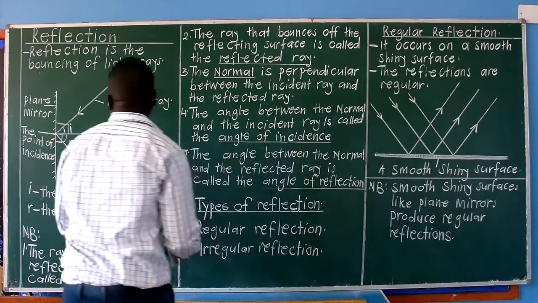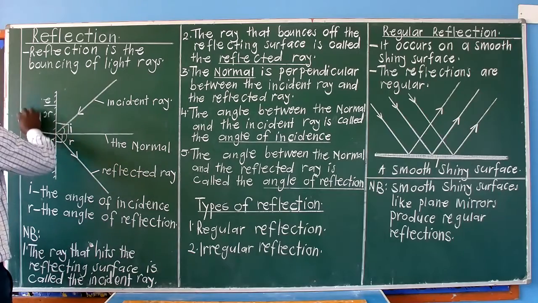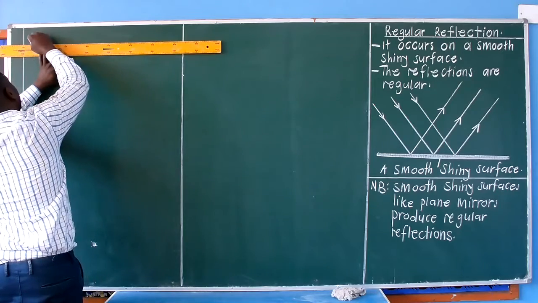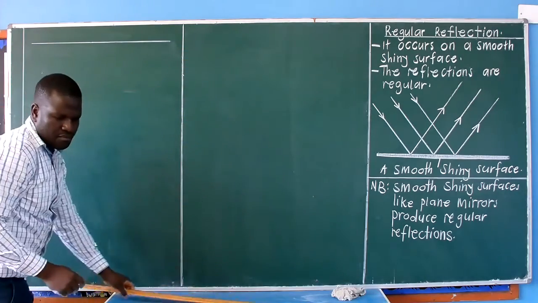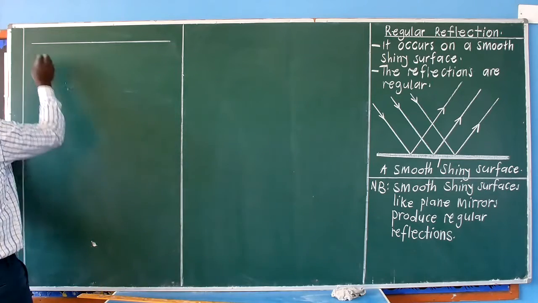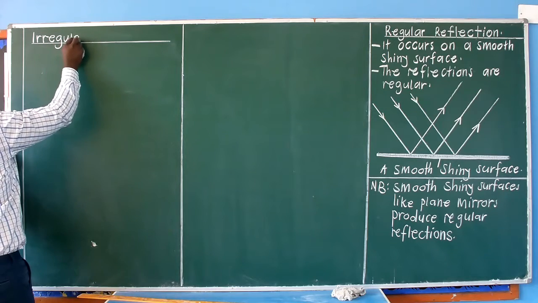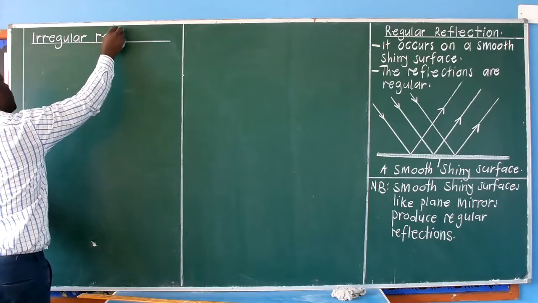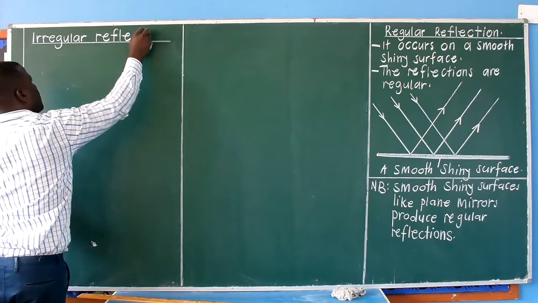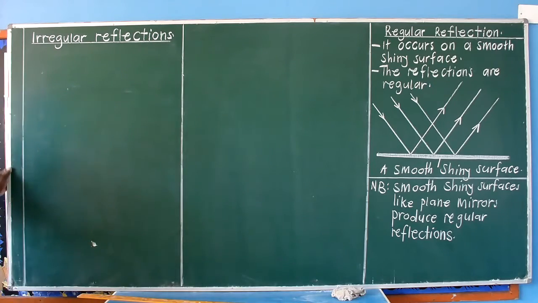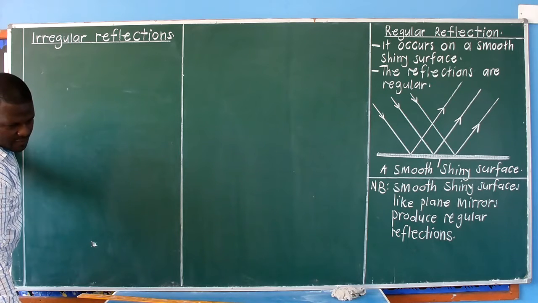So let's look at irregular reflection. Irregular reflections occur on a rough, shiny surface.